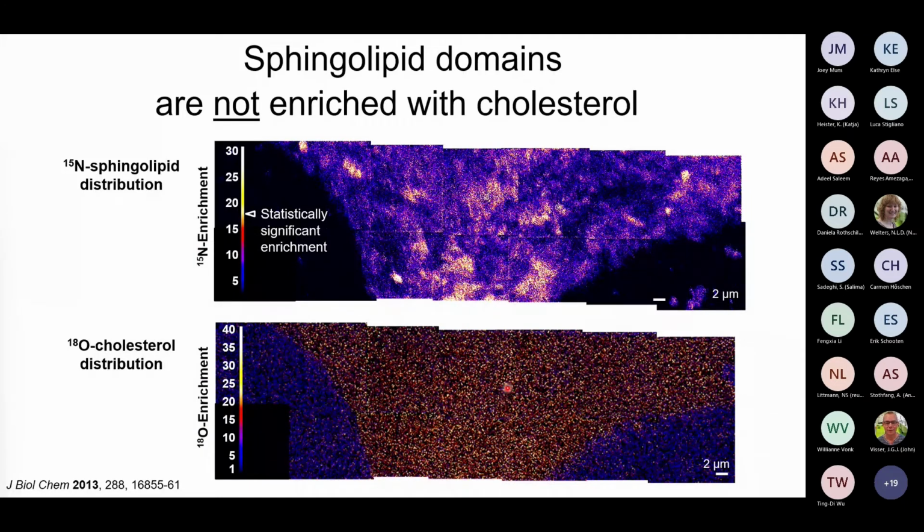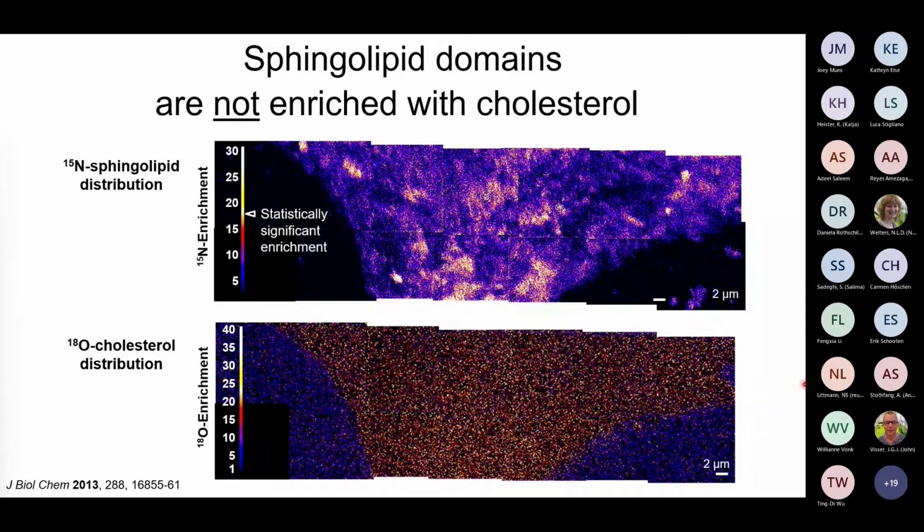It's not statistically significant enrichment at these single pixel regions that are a little bit brighter. And since these images are taken in parallel, we could tell that the sphingolipid enriched domains, the same sites, do not contain statistically significant elevations in cholesterol.